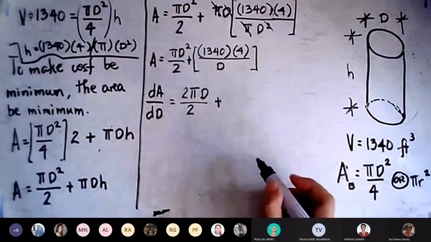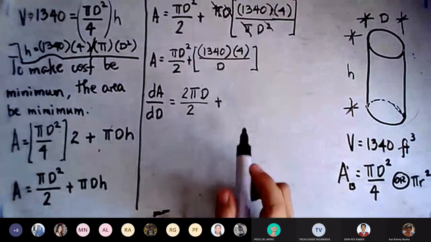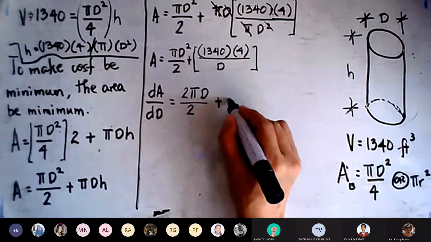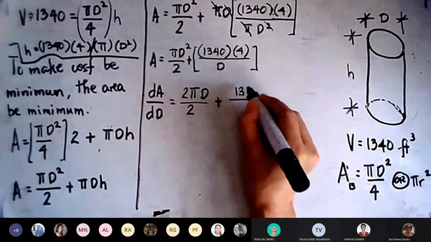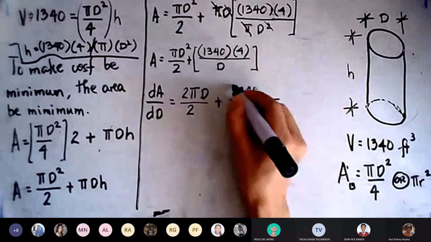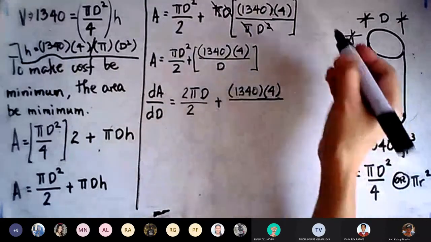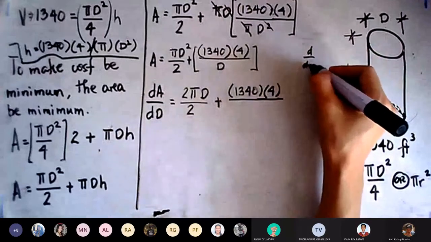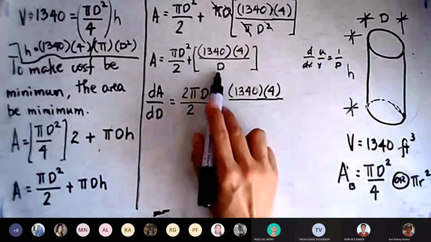Plus, you have 1,340 times 4. That is a constant. And if you are going to determine the differential of 1 over d, you just simply make use of a shortcut. I'm teaching you a shortcut. So 1,340 times 4, by the formula, d/dx of u over v, wherein u is 1 all over d in this particular case.